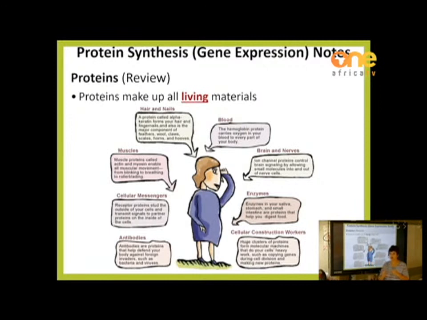peptide bonds. This sequence will then be folded into the secondary structure of a protein, which is held together by hydrogen bonds. Then we have the third or the tertiary structure, which makes these bonds into a three-dimensional structure.